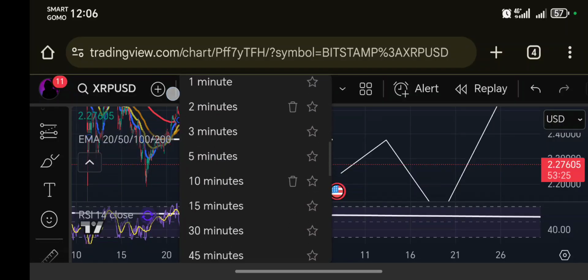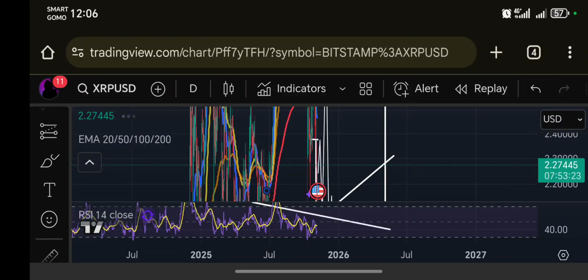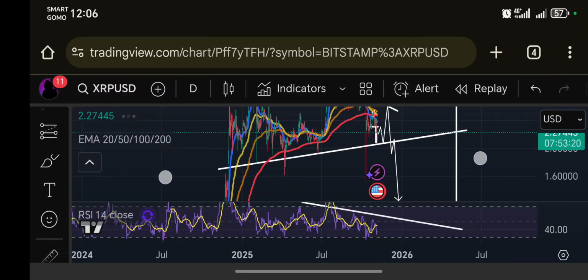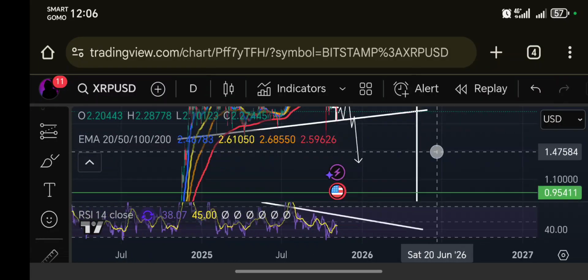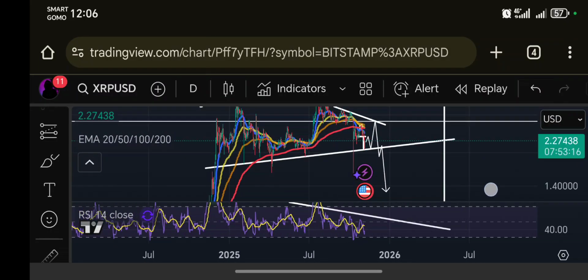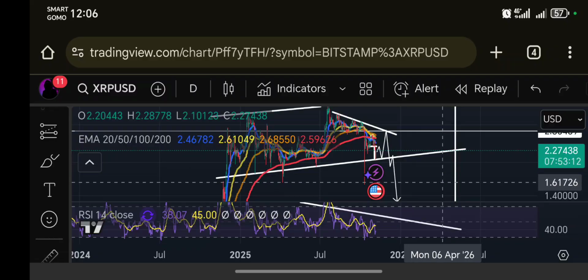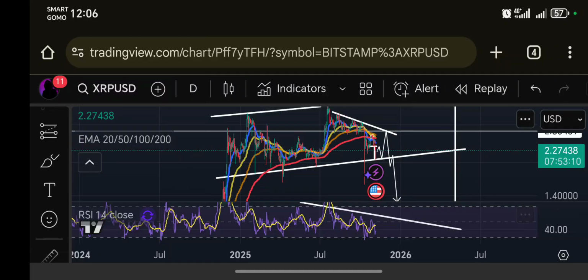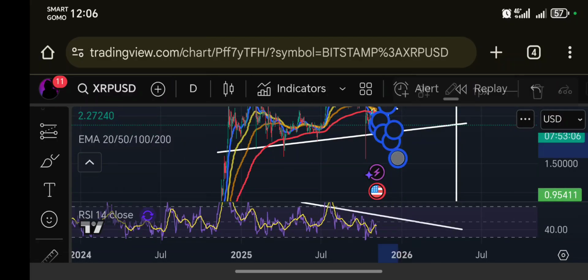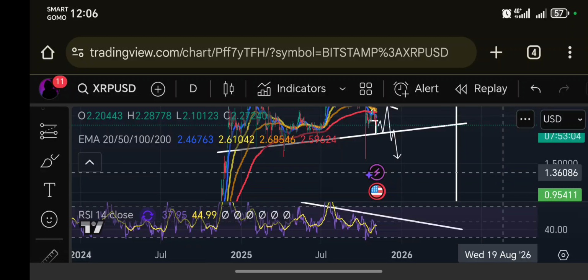Let's go on your daily time frame. What if we lose this support area right here? It's not good. We can come back here at your 1.61. Can go on like this.